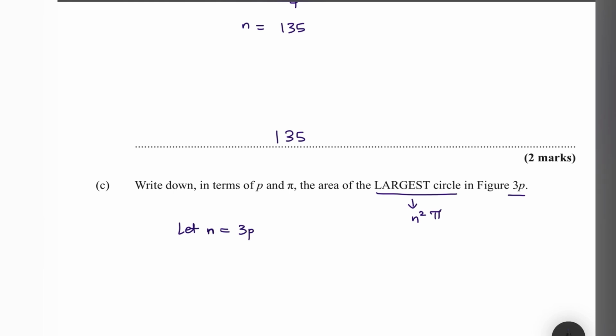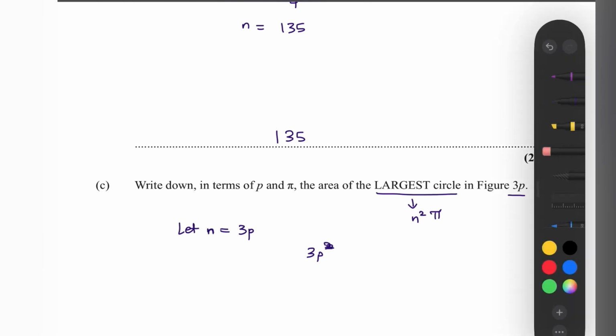And so the largest circle would be 3p squared. Sorry, my pen just malfunctioned there. So yeah, it will be 3p squared times pi.